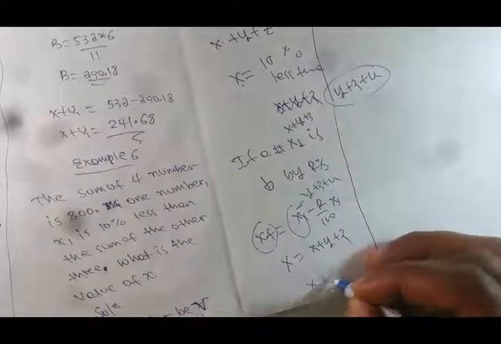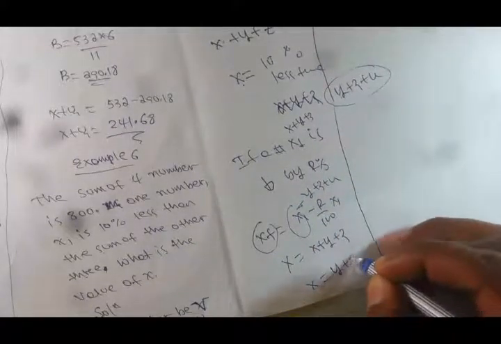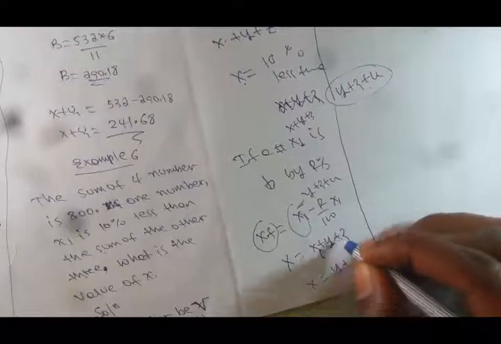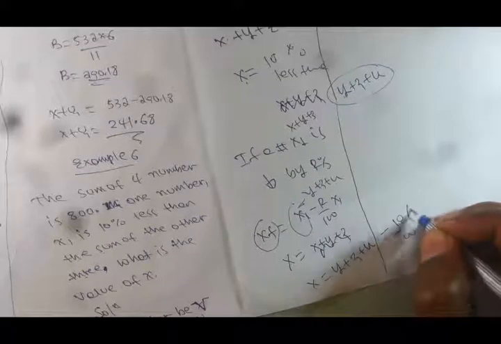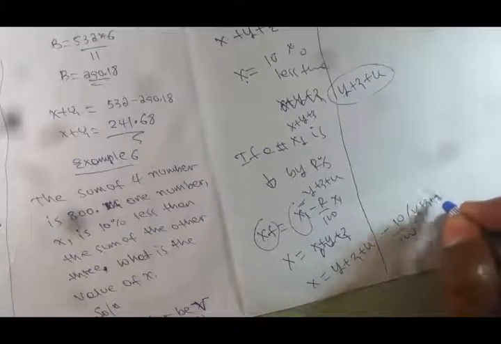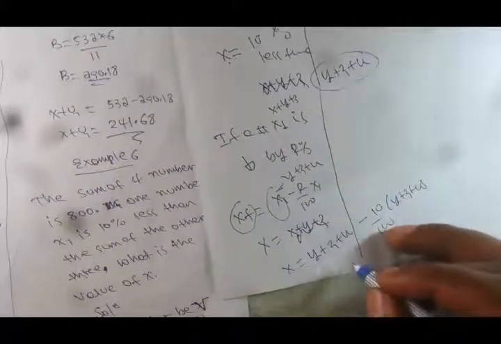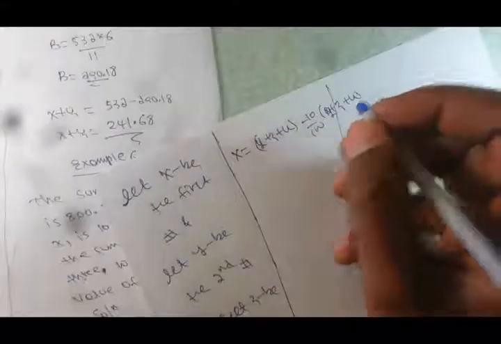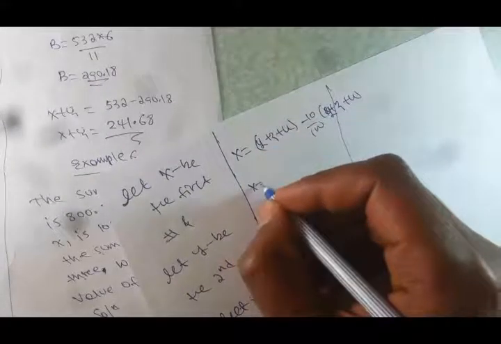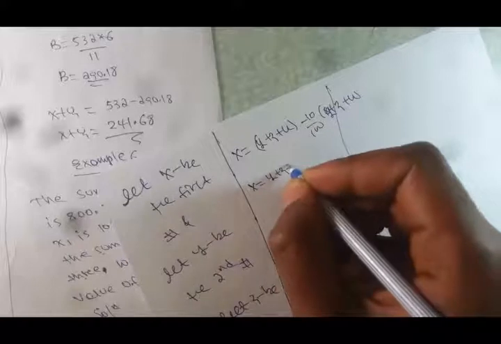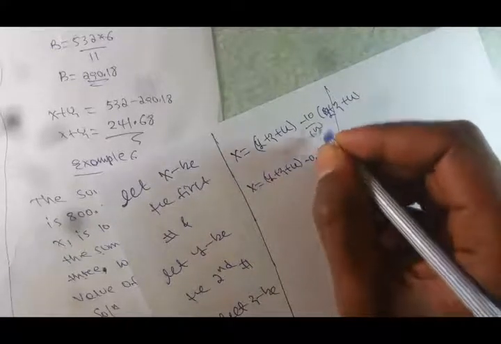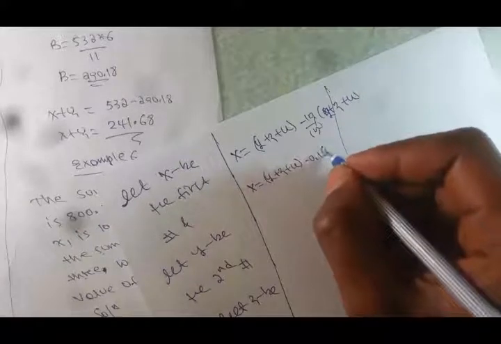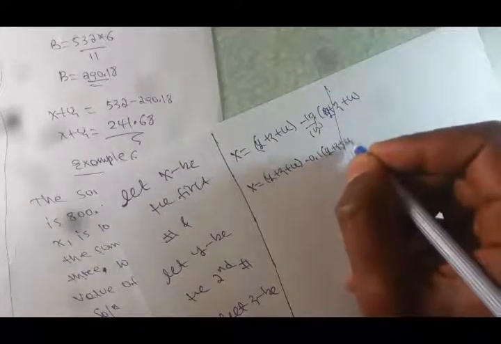The value of x is equal to y plus z plus u minus what percent? By 10%. 10 over 100 of y plus z plus u. This can also be written as x is equal to y plus z plus u minus 0.1 times y plus z plus u.